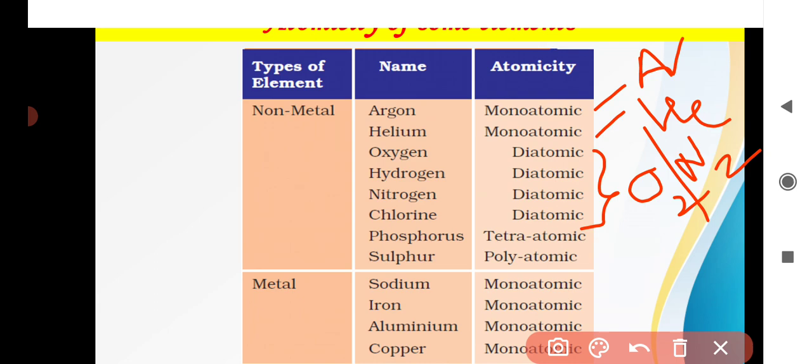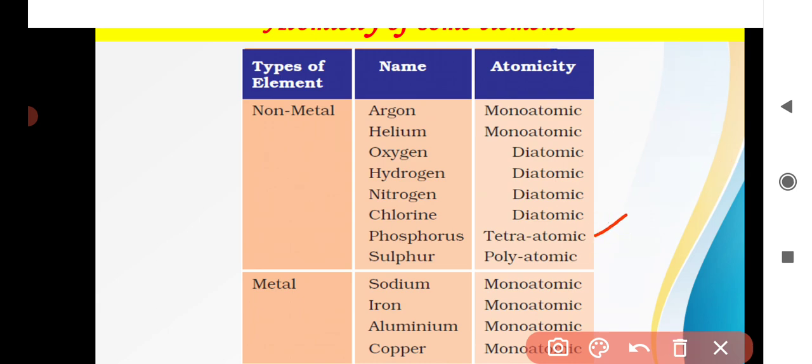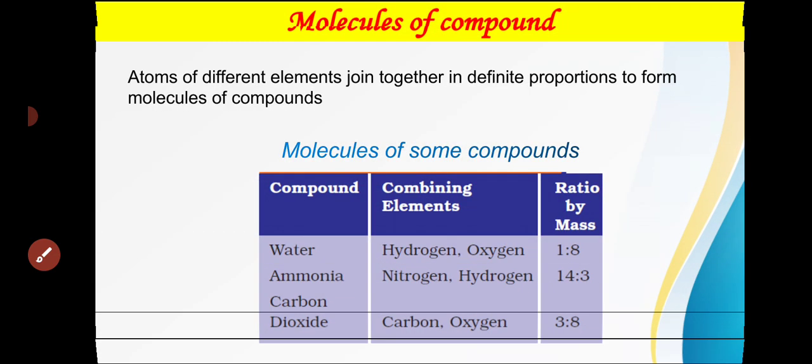Then phosphorus is present in tetraatomic form as we have just seen. Apart from that, there are certain metals which are present in monoatomic form, for example sodium, iron, aluminum and copper. Okay, let's move ahead.